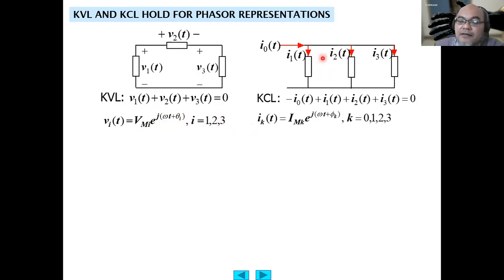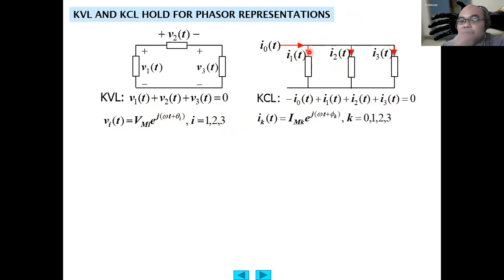If we have parallel branches, parallel impedances here, according to KCL, the current entering this node should be equal to the current leaving that node.